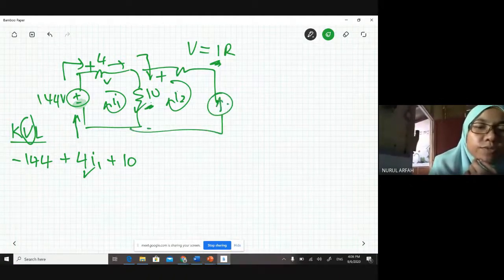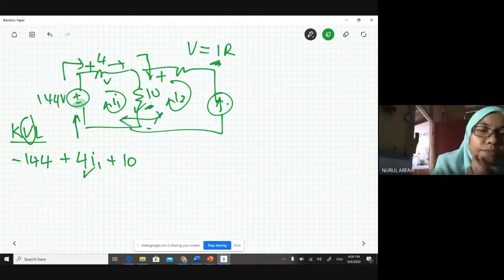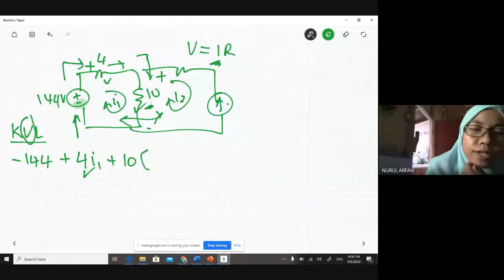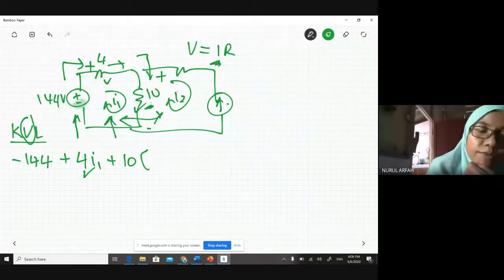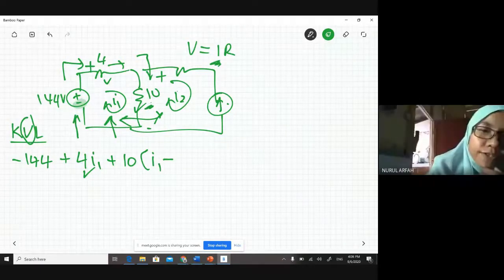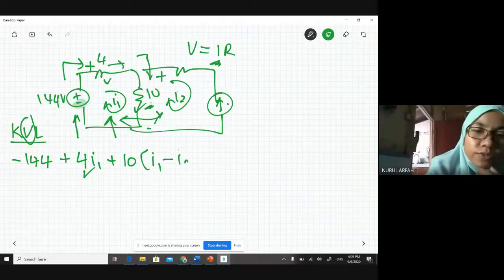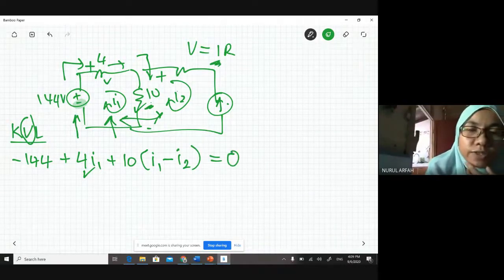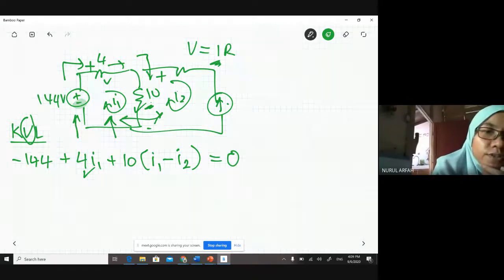Remember, there are 2 loops here, so we need to consider both loops. Now 10, and our focus is I1, so you should have I1 first, and then minus the sharing one, I2, or the opposite one, equal to 0. Why equal to 0? Because we have finished looping this.